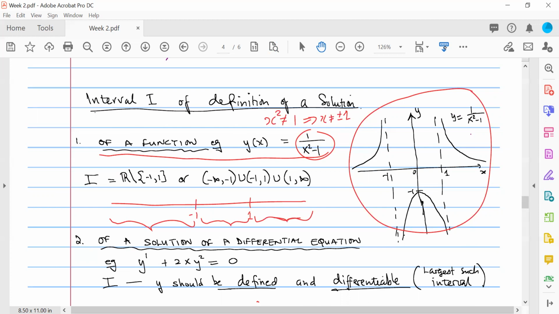So we have 3 sub-intervals. Then you say the interval of definition I, remember we just call it I, is equal to this interval that excludes 1 and -1, or you can write it in that other form.